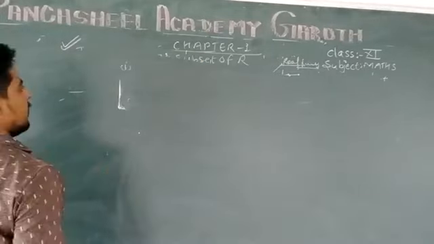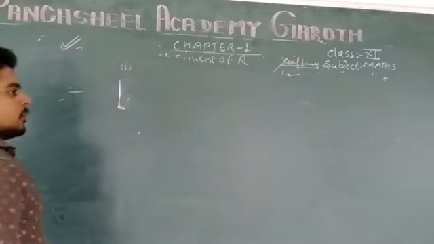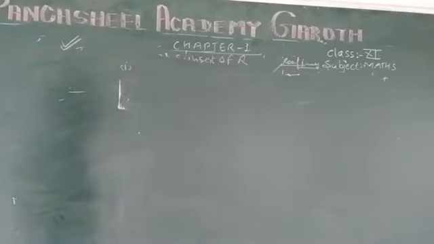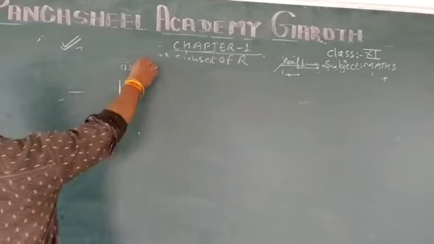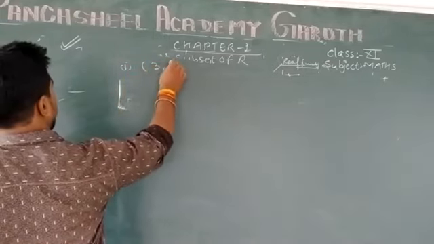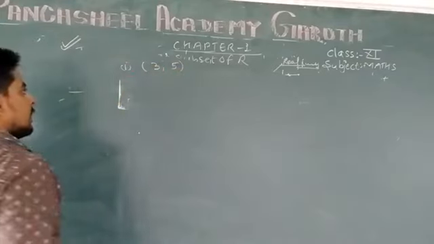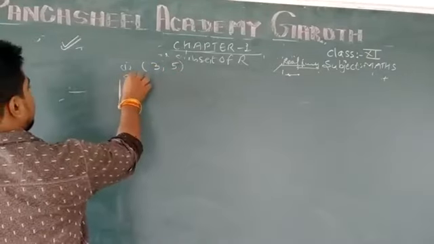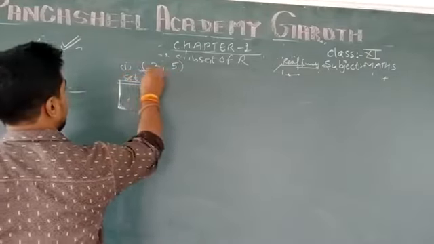First, if I want to write the set builder form from the given interval, that is (3, 5), I will first identify which interval this is.